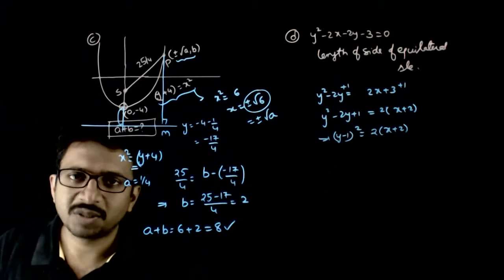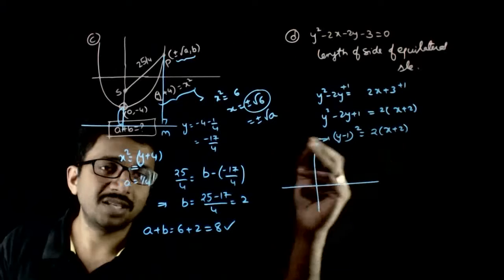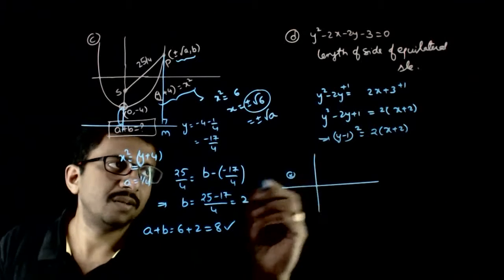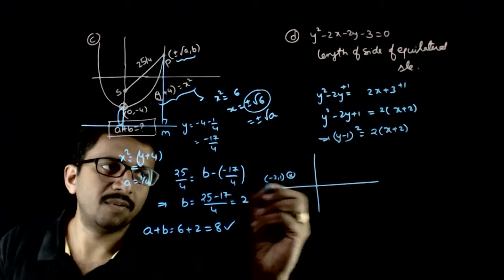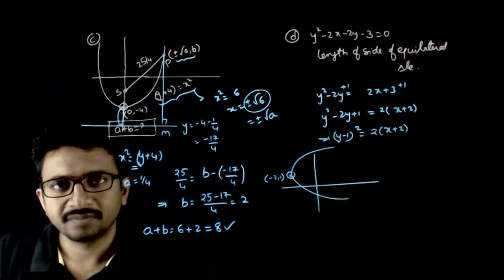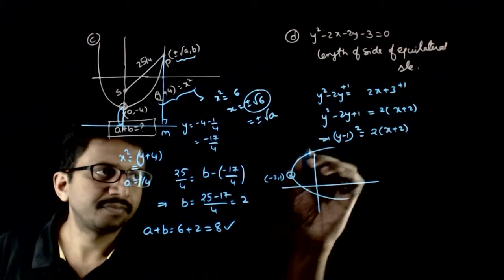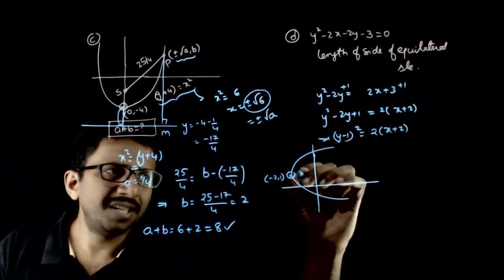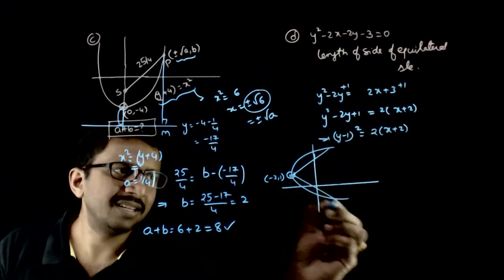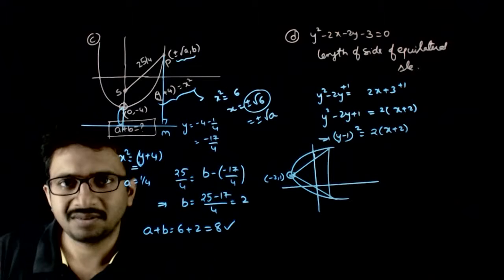So what is the nature of this parabola? The vertex is minus 2 comma 1, and this is a horizontal parabola. Now if you inscribe an equilateral triangle in this parabola, what is the length of this side? That's the question.